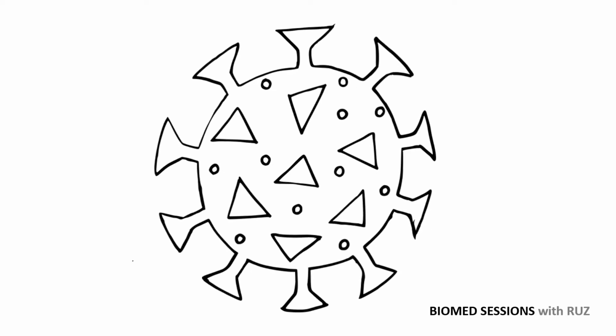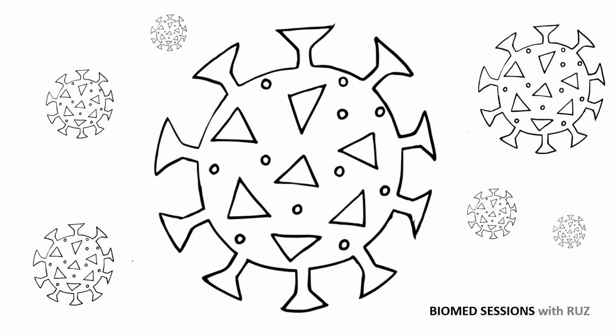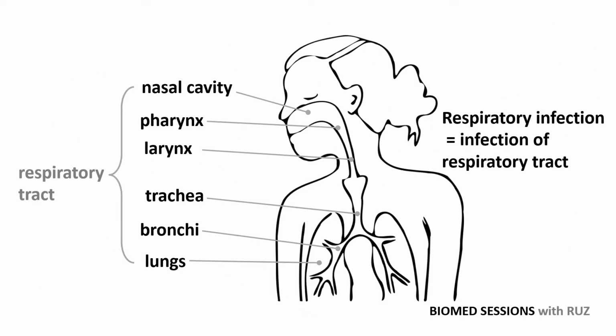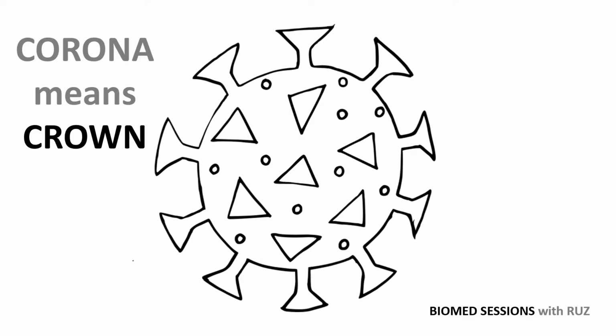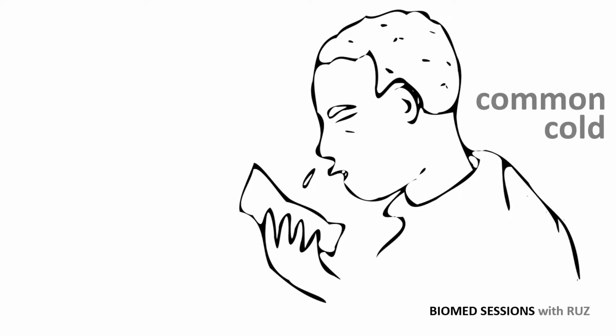COVID-19 is not the only disease that is caused by a coronavirus. Coronaviruses are actually a large family of viruses which cause respiratory infections. However, each type differs in relation to the general severity of disease caused. By the way, corona is Latin for crown, thus this group of viruses are named after their crown-like appearance under a microscope. You may be surprised to know that the common cold can be caused by a coronavirus in a minority of cases.